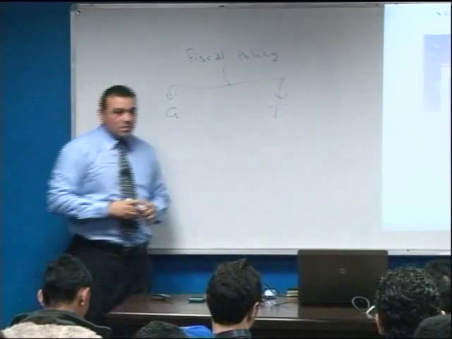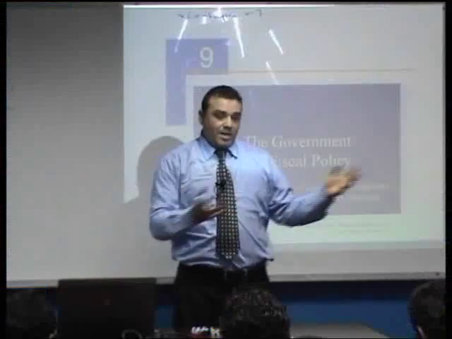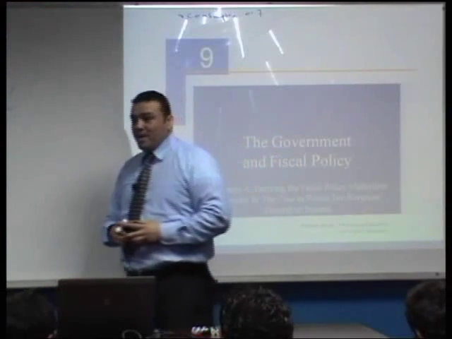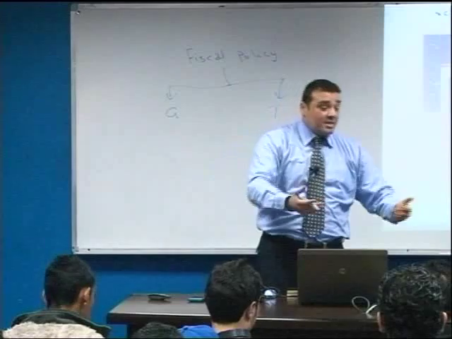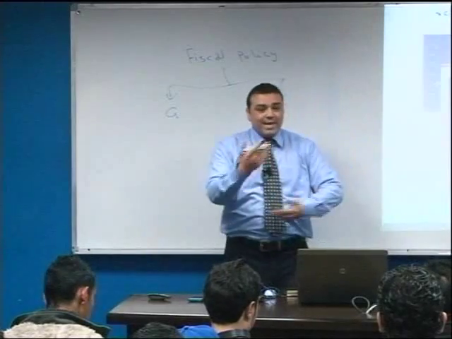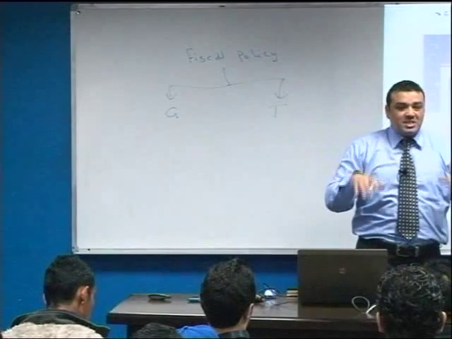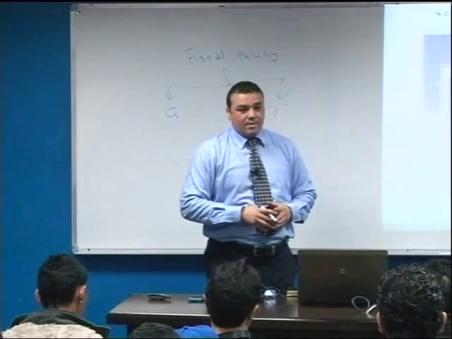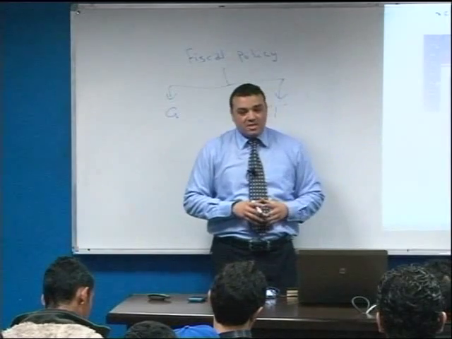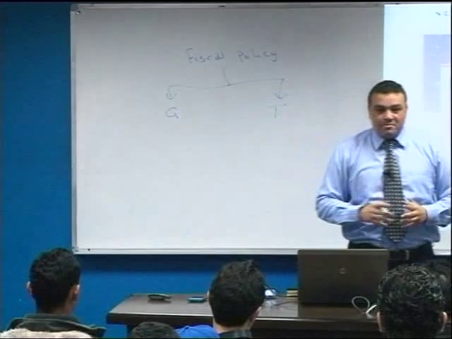Some schools of economics, like the Keynesian school, talk about the importance of the government intervening in the economy to stimulate it or to get rid of unemployment. Other schools, like the classical economists, say there is no need for government intervention.